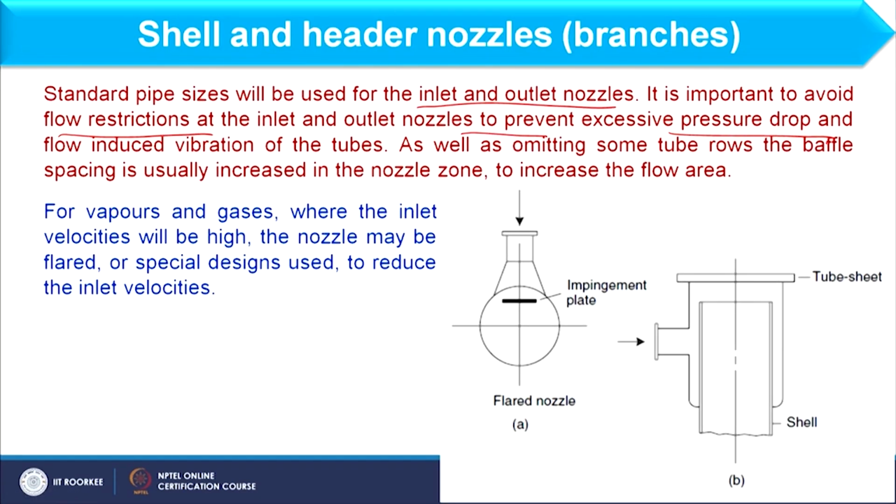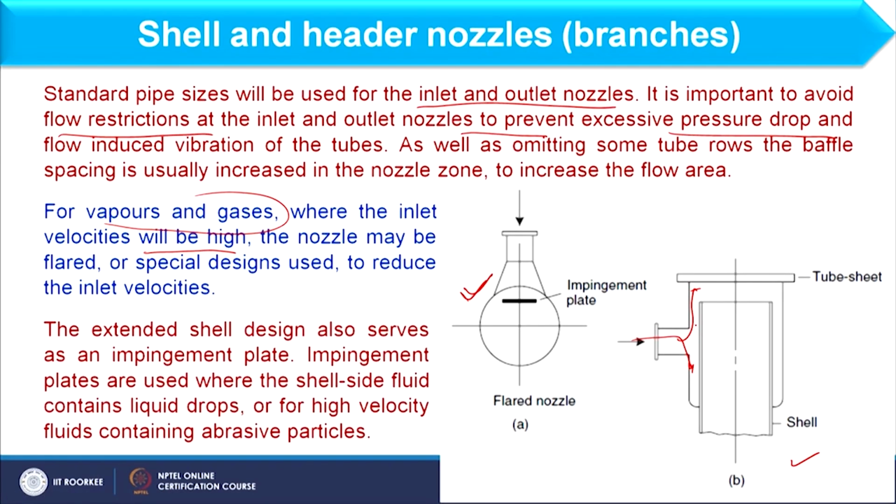Okay. So, if I am dealing with vapors and gases where inlet velocity will be high, the nozzle may be flared like this. Okay. The nozzle may be flared, or special designs used to reduce the inlet velocities. This is another type of inlet where fluid is moving and pressure drop will not be significant.